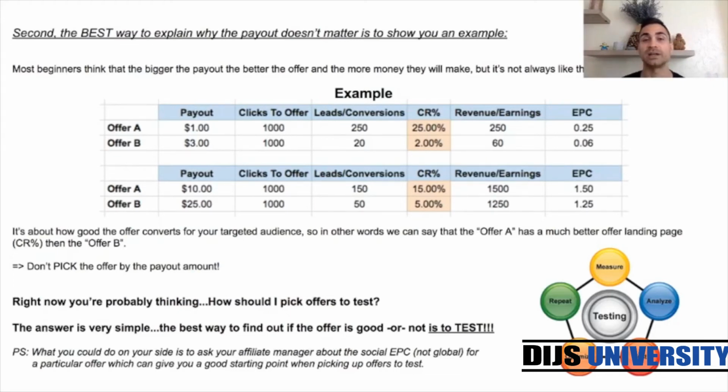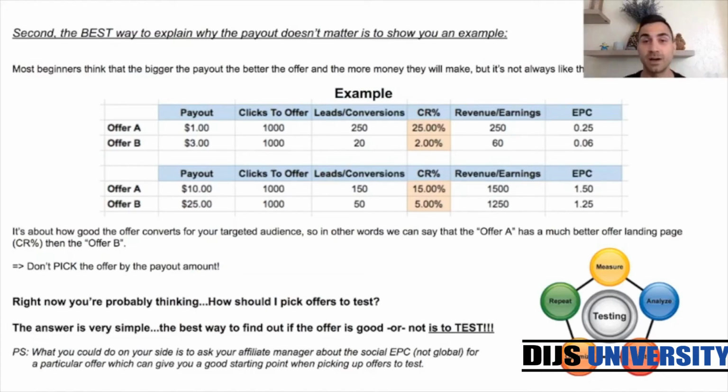What you can do is actually create a list. So let's say 10, 20, 30 offers that you like and you think could be a good fit for yourself, for the verticals that you know something about, and send that list to your affiliate manager and ask if he or she can give you the social EPC for all these offers.